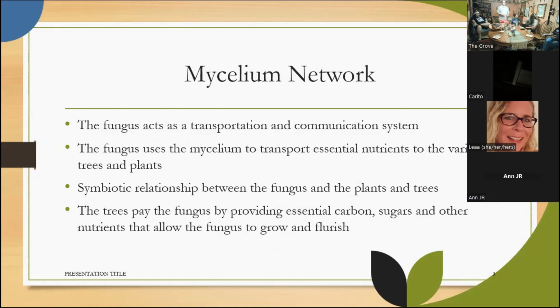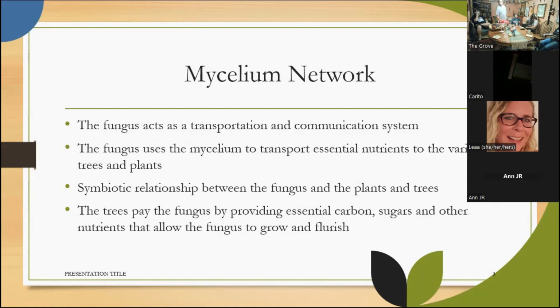In areas where you do not find a lot of fungus and the mushrooms, which are the reproductive bodies of the fungus, you'll see there's not as much growth, or it's much more stunted. The trees would not be able to connect to other trees and plants, and as a result, the nutrients and the resources that go from one tree to another, as well as to the fungi, would be much more limited.